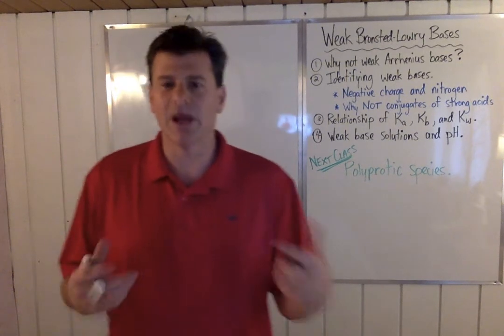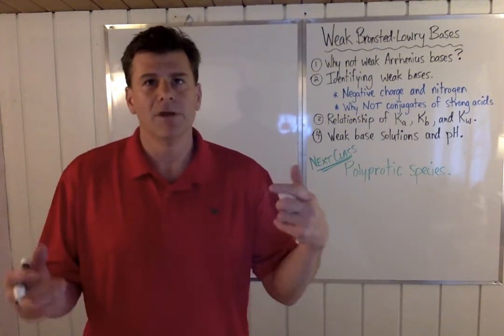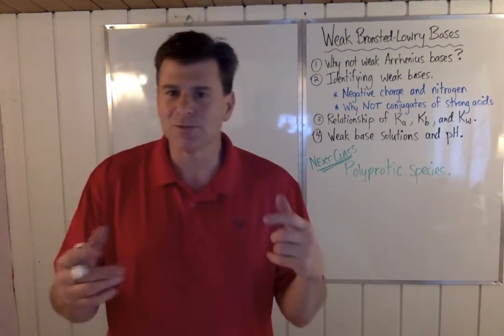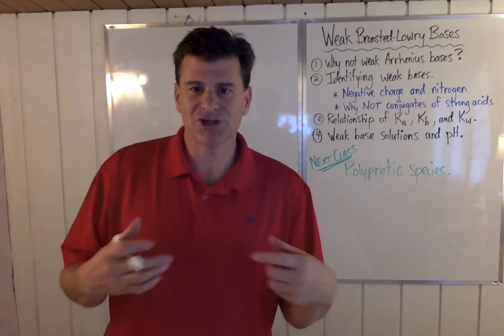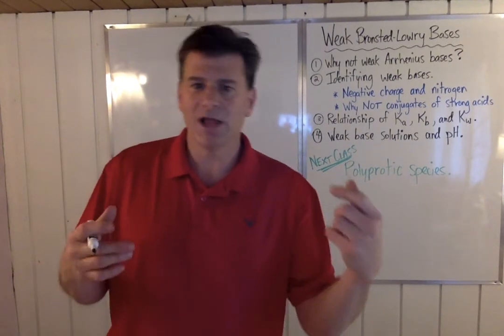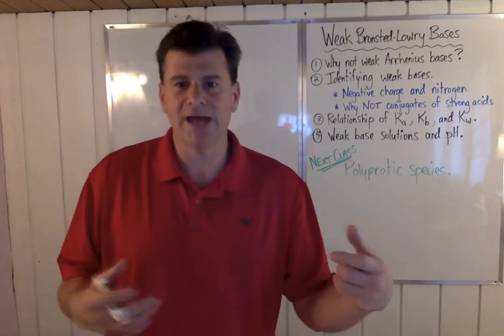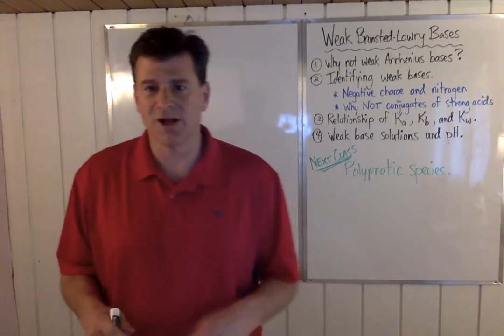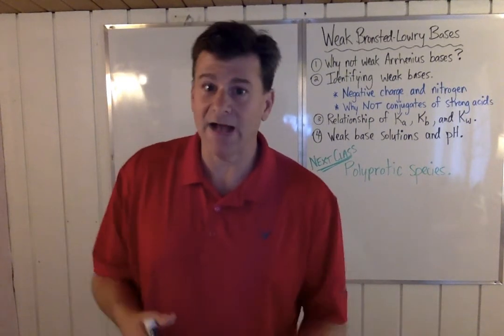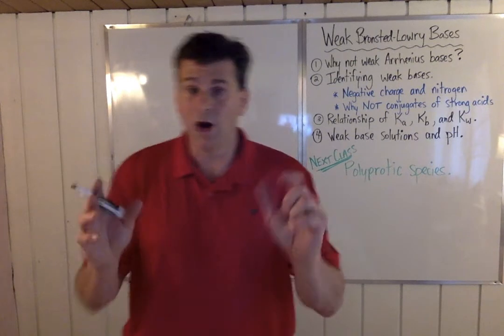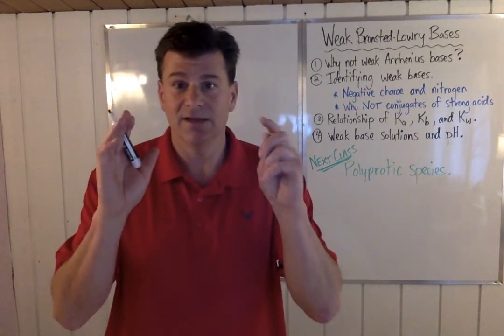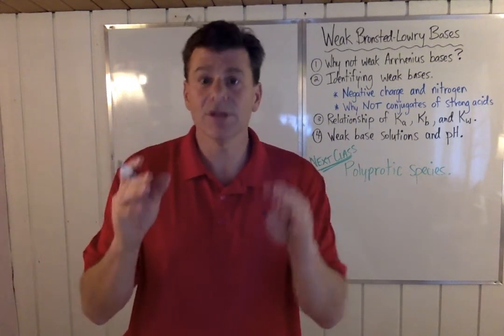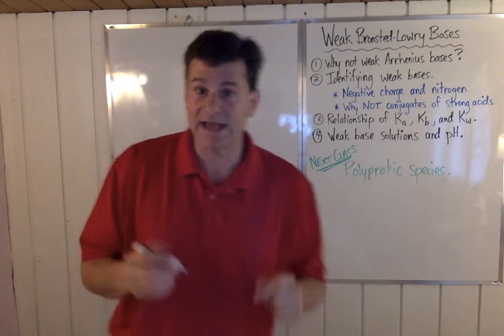The relationship comes from a concept where, for steps of a reaction, you can multiply the equilibrium constants for each step to get the overall equilibrium constant. It's kind of interesting how this works. So watch, I'm going to write the equilibrium for just the generic weak acid.